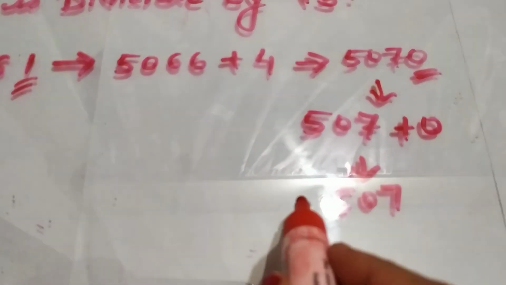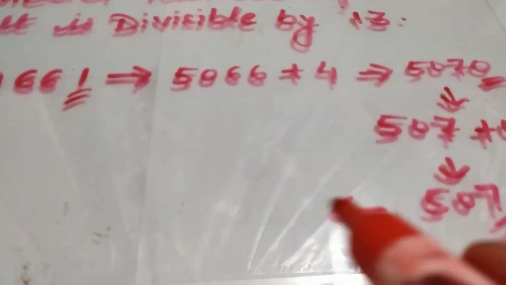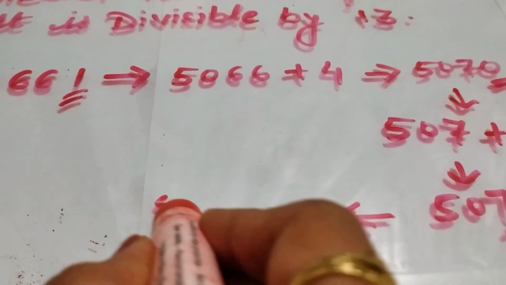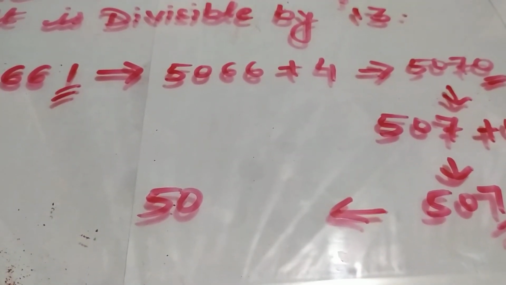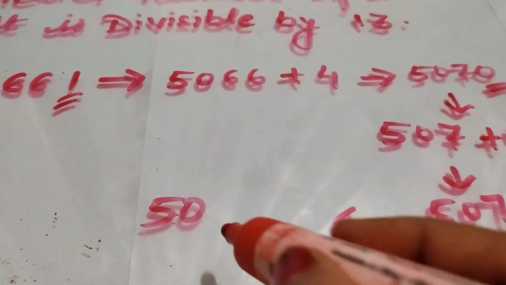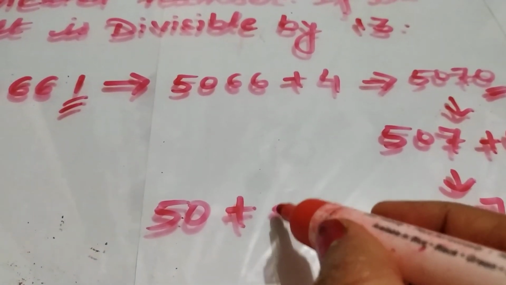Now 507, similar process. Last digit is 7. So 4 times the last digit. First we write our remaining number, 50. 50 plus 4 times 7, which is 28.